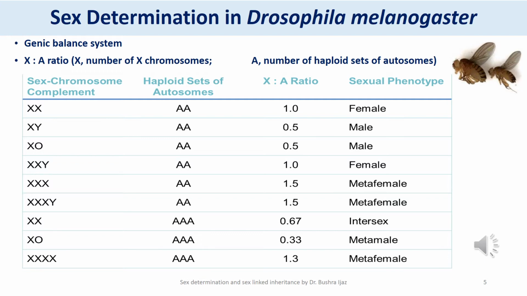This table summarizes the ratios and the sexual phenotype of the organism. To understand how these ratios decide the sex of the fly, let's review this in a video in the next slide.